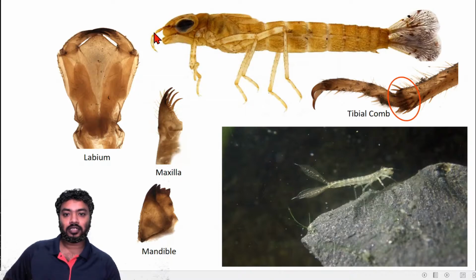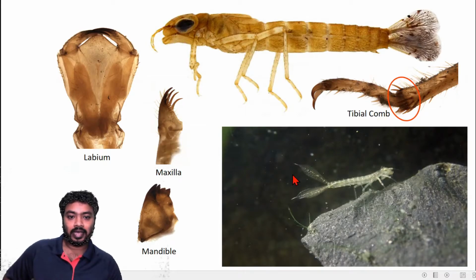Before that, I will just explain this larval body. This is a habitus, the full body of a damselfly larva. These are the caudal gills, and you can differentiate between this larva and this larva. Here the caudal gills are feathery, long and pointed, but here the caudal gills are round, white and short.